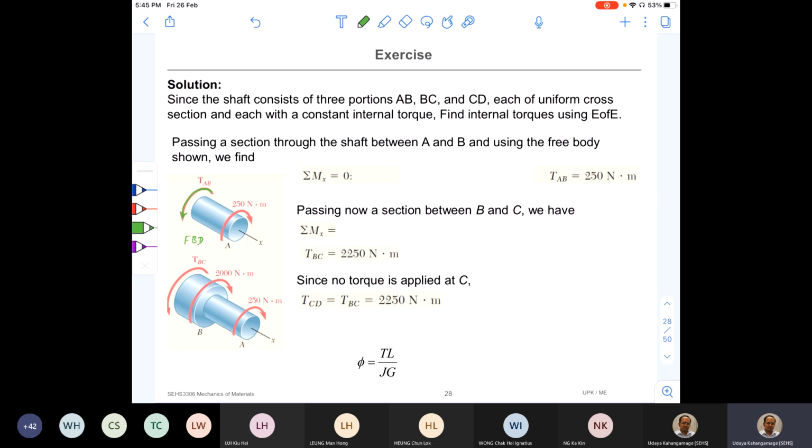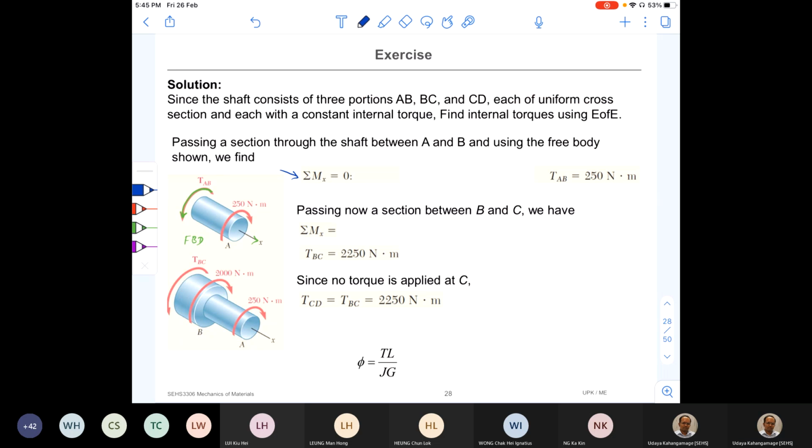If you mark your positive direction of x like this and take the moment balance in that direction as positive, can you write the equation now?